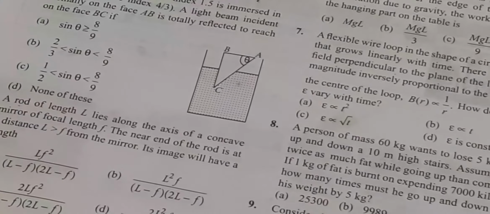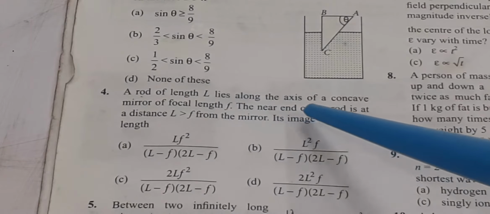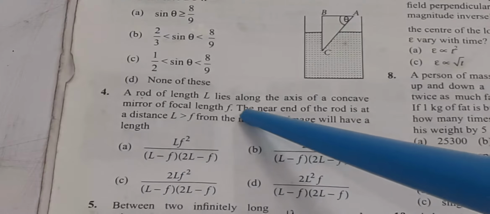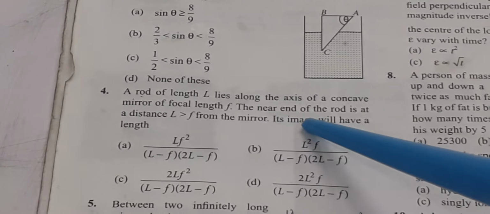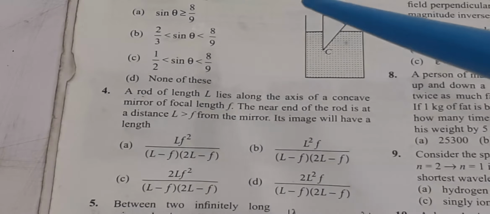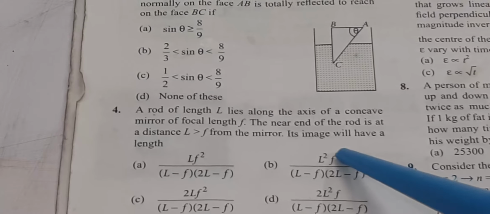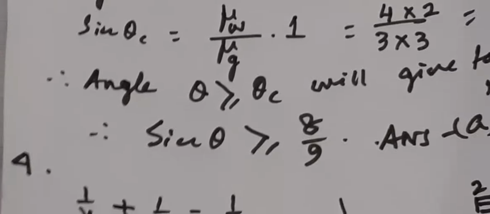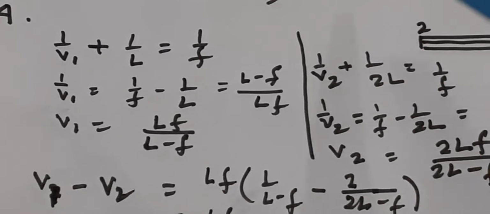What is given here? The rod of length L lies along the axis of a concave mirror of focal length F. The near end of the rod is at a distance L, which is greater than F, from the mirror. Language has to be handled very carefully.